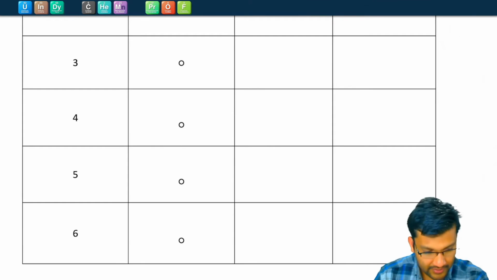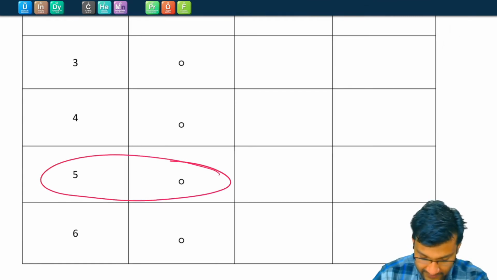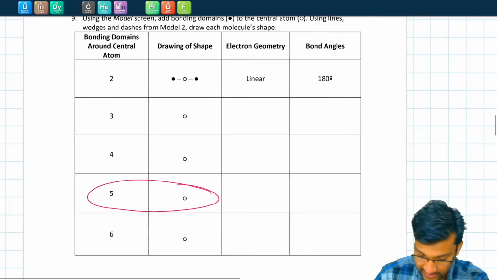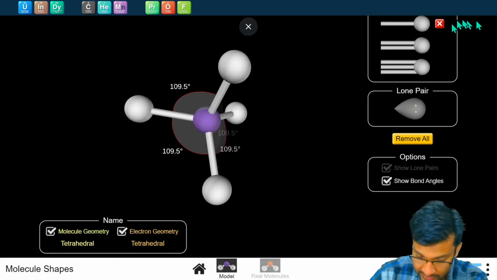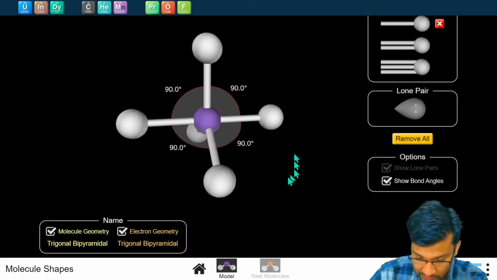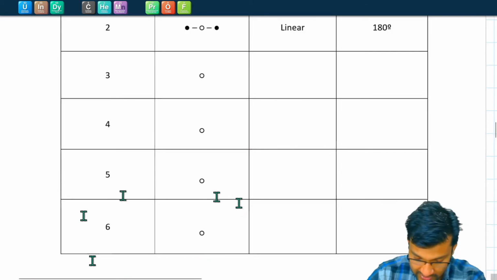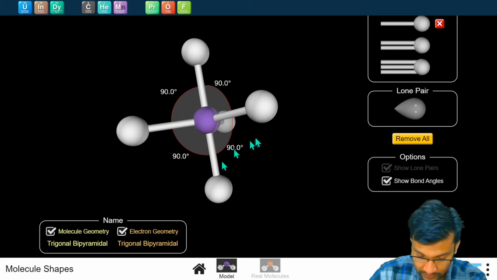For example, let's look at the case where we have 5 different bonds or electron domains around the central atom. Let's make 5 bonds, right? This is what that atom looks like, but how do we represent this on a two-dimensional page?